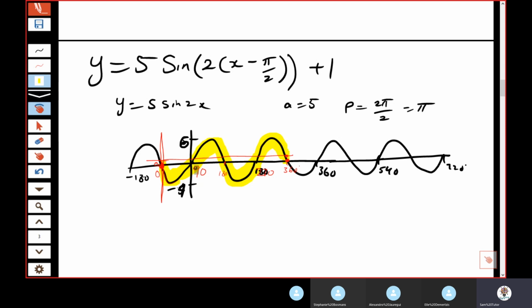This is -1, right? Because that's technically 0. At 360 degrees, it is -1. If you test it out, you will see that that actually works out.